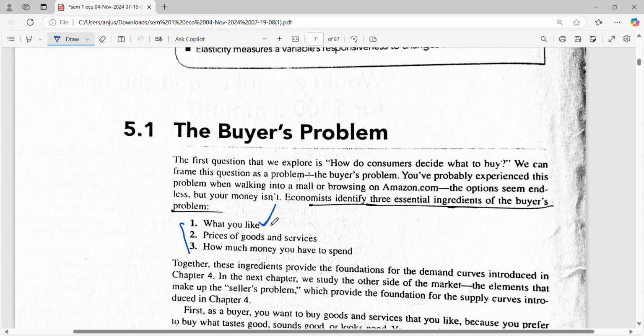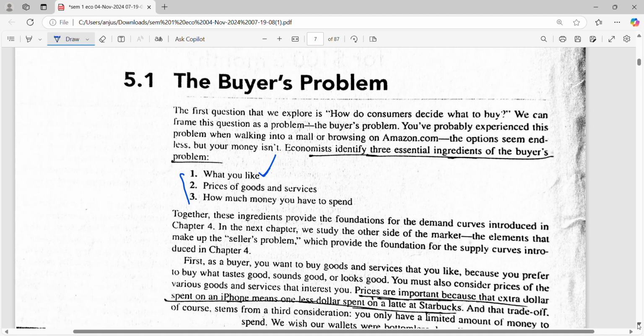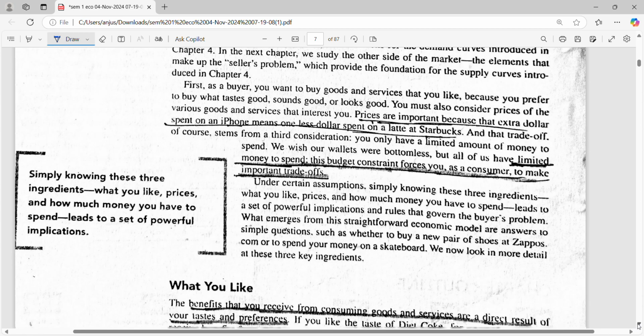Prices are important because an extra rupee spent on an iPhone means one less rupee spent on a bag. A limited amount of money is the reason for that. This is called the budget constraint, which forces you to make important trade-offs. So now let's see what the budget constraint is. After that we can step into the price of goods and services and how much money you have to spend, the second and third ingredients.